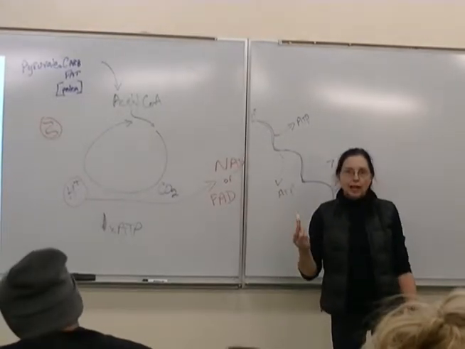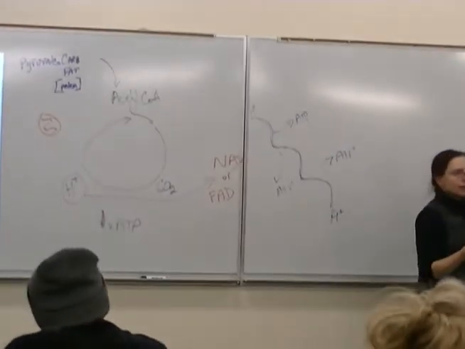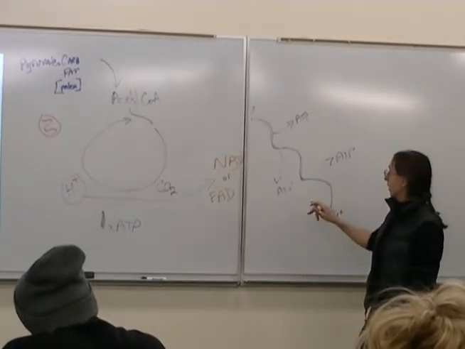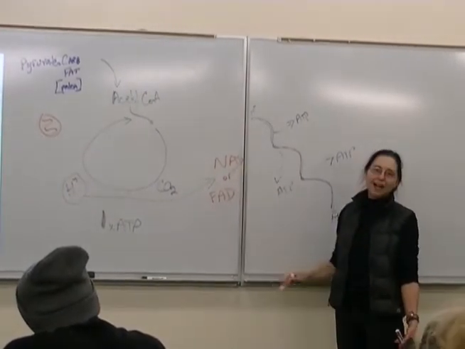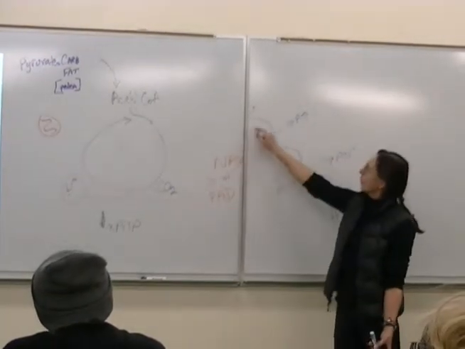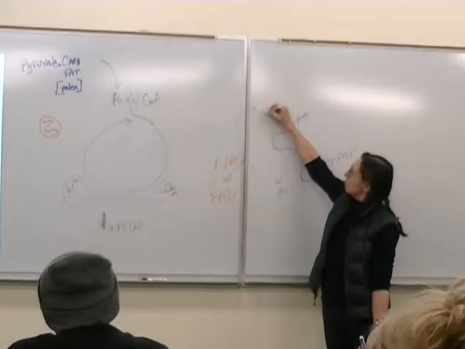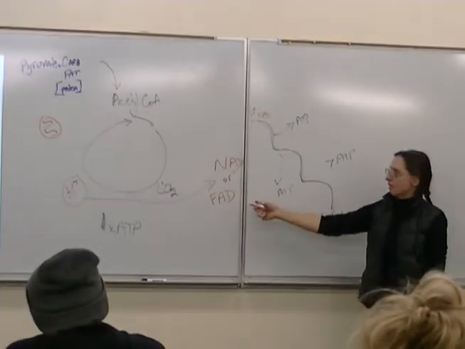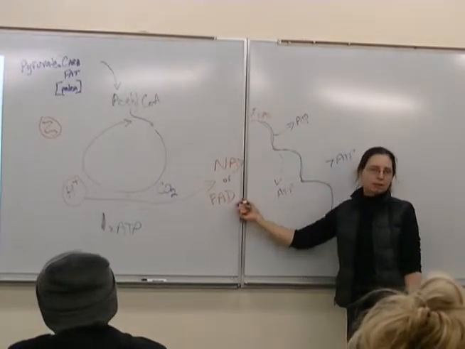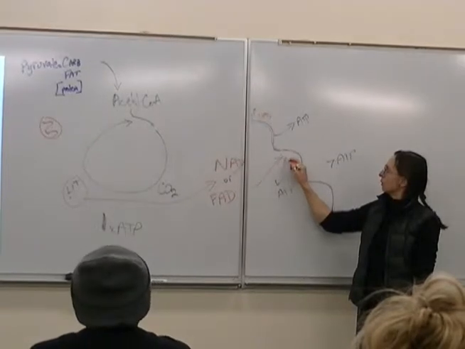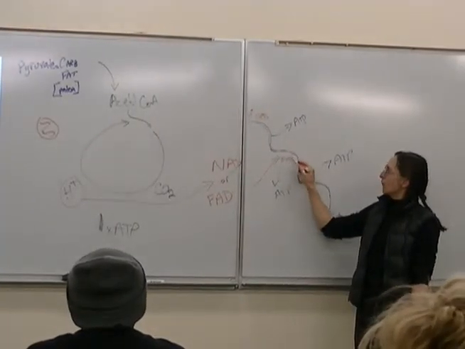When you look at some of the tables, it gets a little bit complicated because in that 38 or 39 is also which carrier. NAD likes to climb all the way up the hill and drop hydrogen off up here. FAD is a bit of an old bus and it doesn't like to go all the way up the hill, so it drops its hydrogen off partway down.